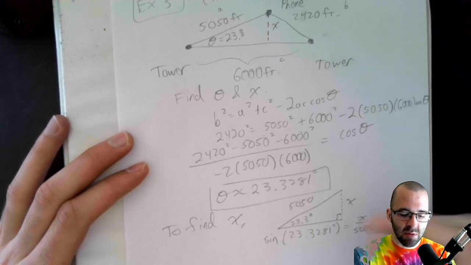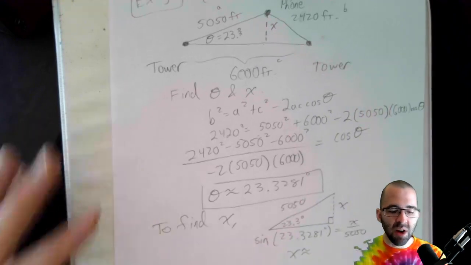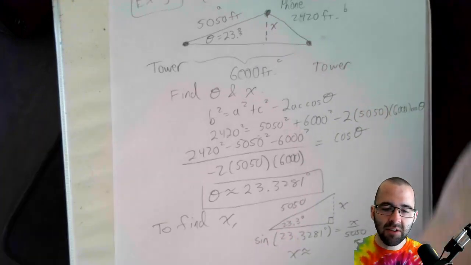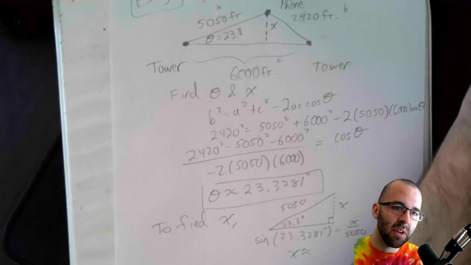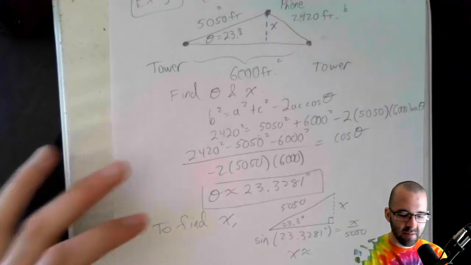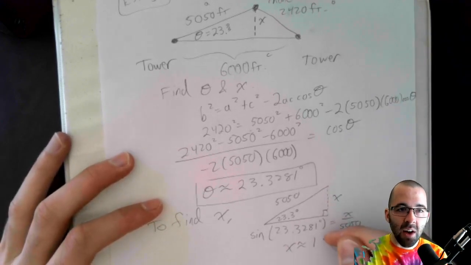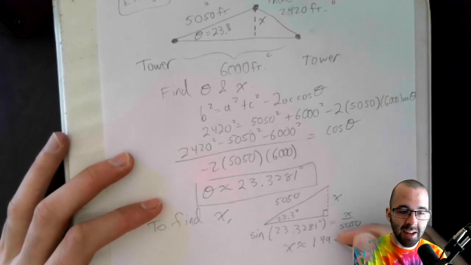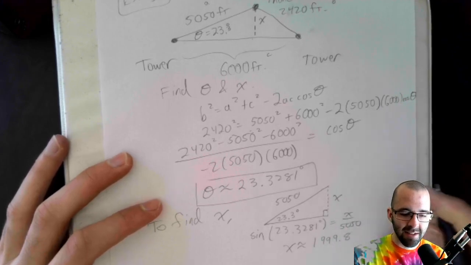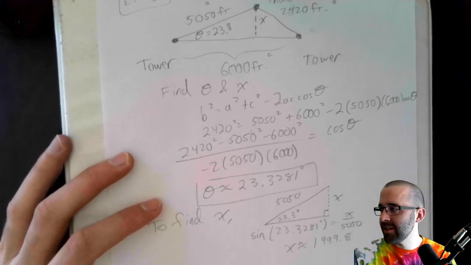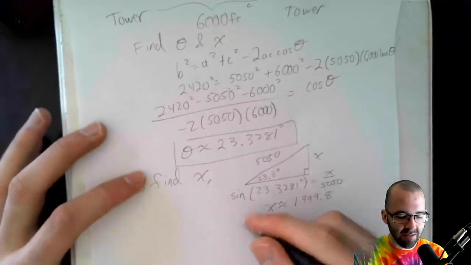So just multiply both sides by 5050 and you're going to get that x is approximately equal to 5050 times the sine of 23.3281 degrees, which is approximately 1,999.8. So realistically, about 2,000 feet. Okay.